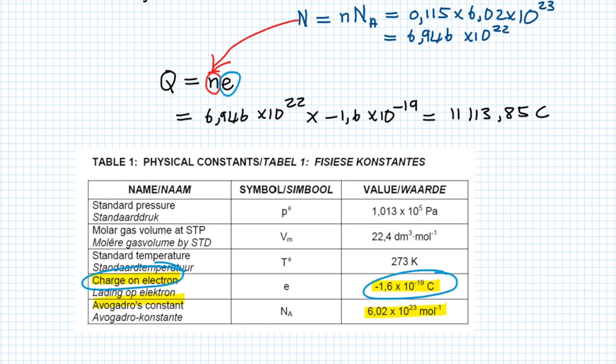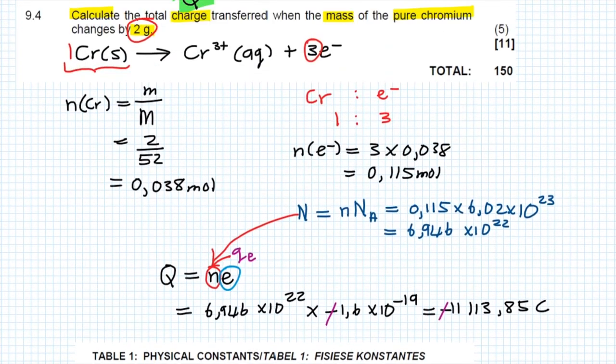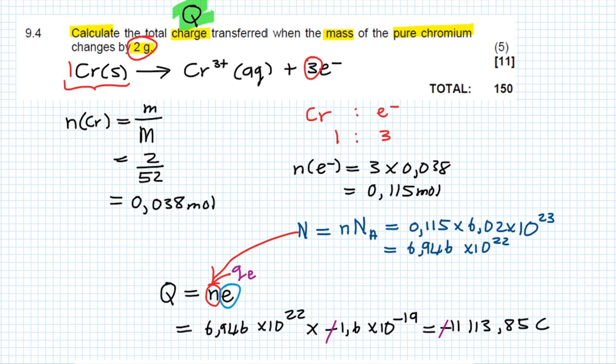So there was a bit of physics involved in this question. If you would like, you can use just elementary charge instead and leave out the negative sign, but they did not specifically refer to current here, which is your positive charges moving in a circuit. They just referred to charge transferred, and that is why negative or positive, you will obtain the answer to be correct. This question is out of 5 marks.